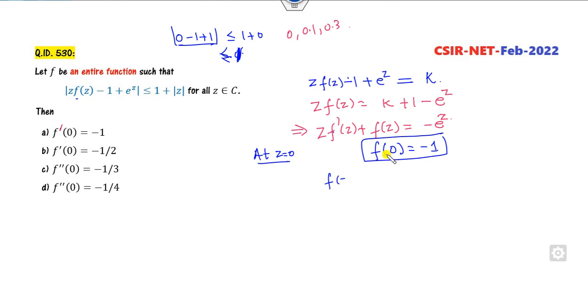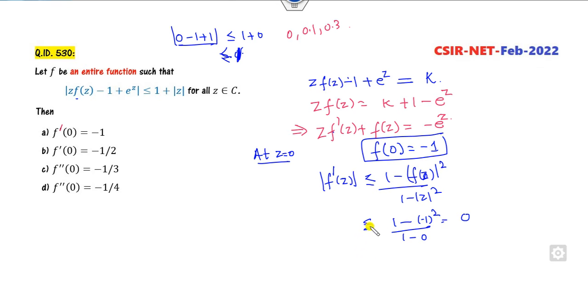So how can you find f dash? Once we know f0, can we find the value of f dash? I think yes, we can find that by using the previous formula. This value will be less than f of z square over 1 minus z square. So what is that? f dash of 0 is 1 minus f0, which is minus 1, over 1 minus 0. So it is 0.